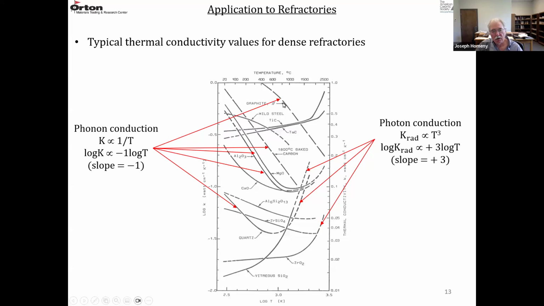So on this chart, graphite is a high thermal conductivity material. There's carbon, which is probably an amorphous carbon, MgO and alumina, and CaO. They're all higher conductivity refractories. Mullite, zircon, and zirconia tend to be lower.